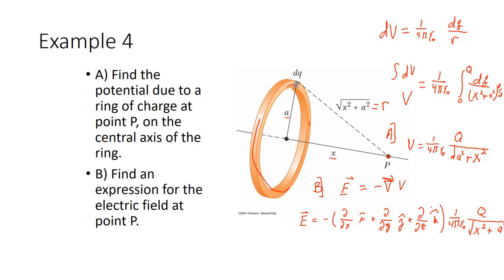So we pause here for a second, and we notice that there are no y terms, and there are no z terms. So those derivatives are both going to go to 0, and then we just need to find the derivative with respect to x.